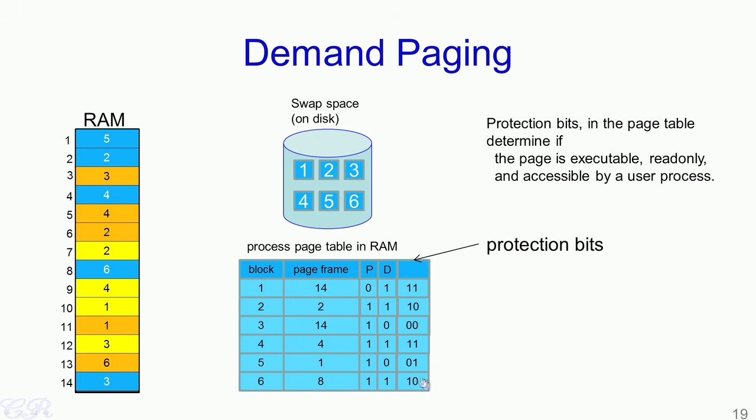Other bits could also tell whether the block is read only, and therefore, modifying any data in that block will lead to a fault or an error. Bits over here will also determine whether a particular block corresponds to operating system code or regular user code. So, this additional information is provided by the protection bits.